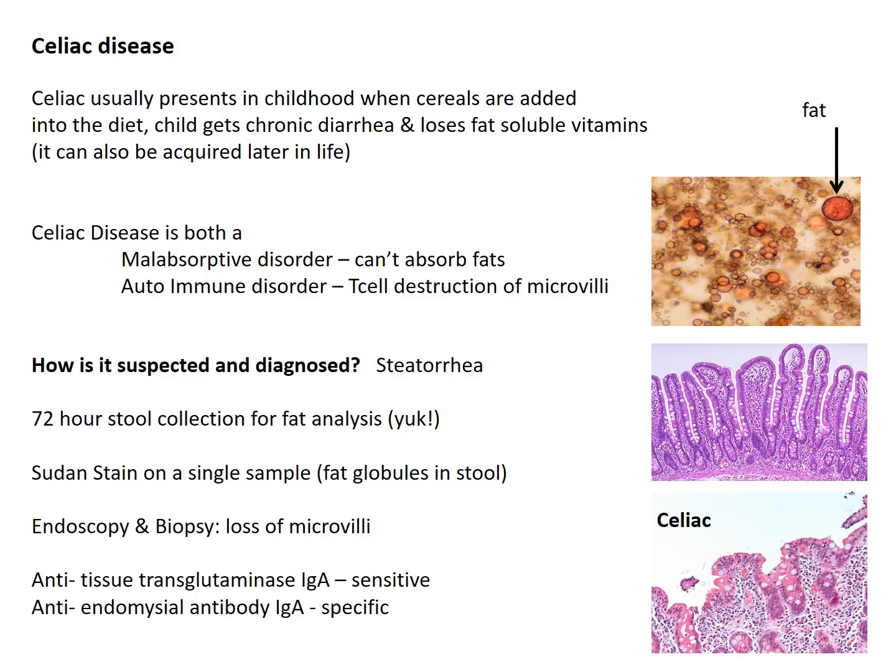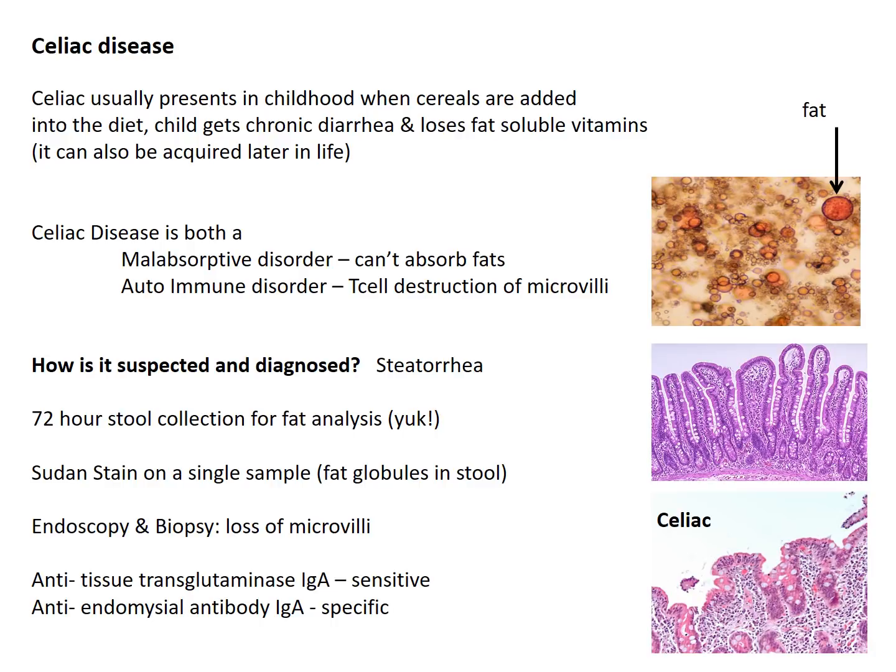And one of the ways which it is diagnosed and suspected is by the individual having steatorrhea, which is diarrhea due to a lack of fat absorption. So a lot of fat shows up in the stool. One of the ways that this used to be diagnosed was the individual would collect stool for 72 hours, and then they would do a quantitative analysis of the fat.